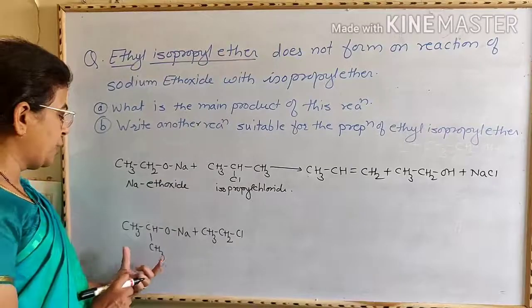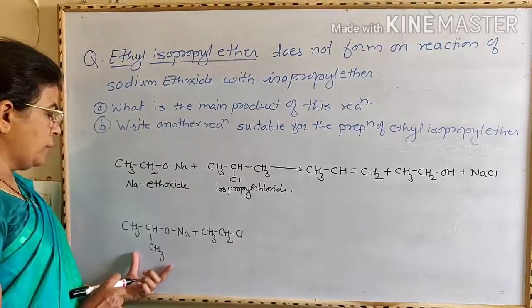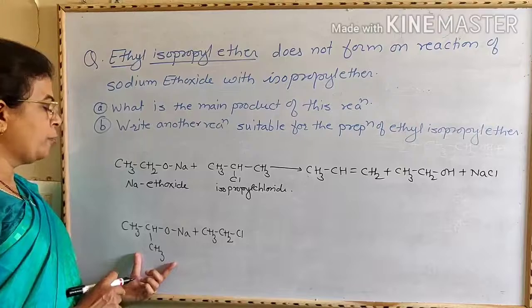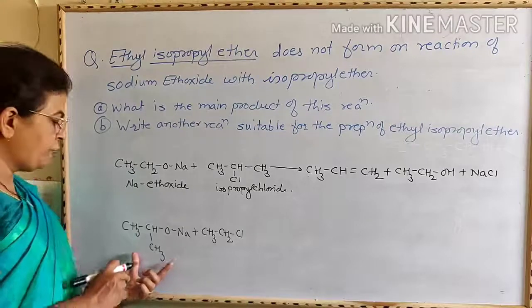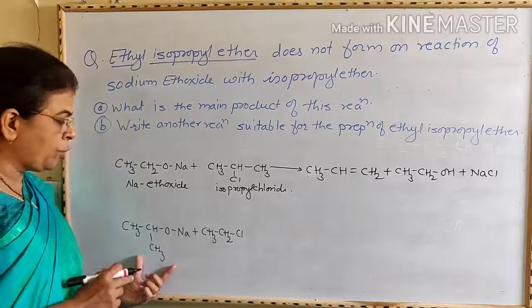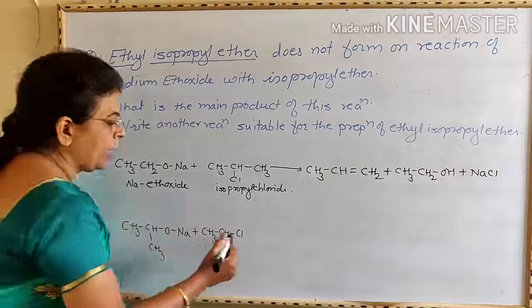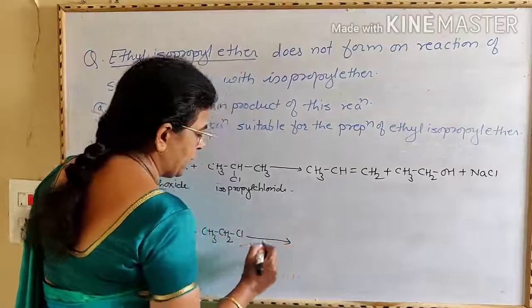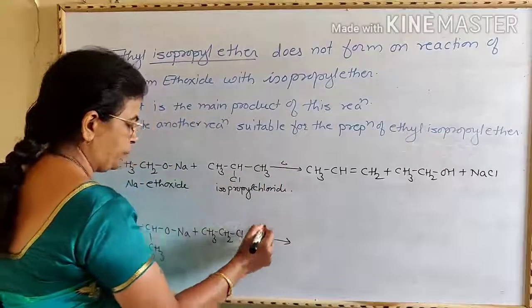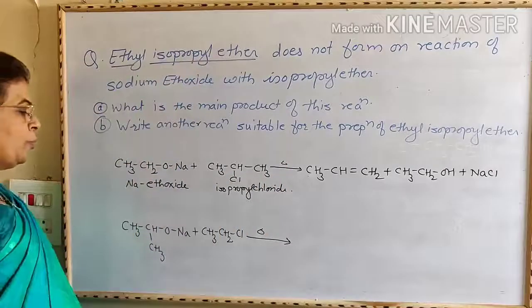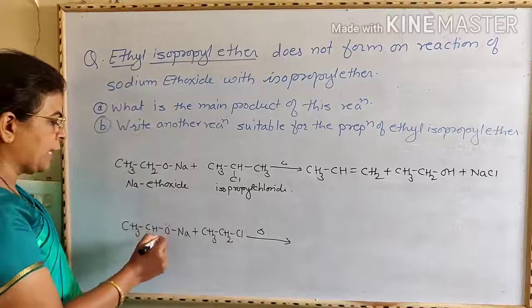Now second question is, write another reaction suitable for the preparation of ethyl isopropyl ether. Now if we take sodium isopropoxide, when it reacts with ethyl chloride, then it undergoes Williamson synthesis to form this ethyl isopropyl ether. Now how is this reaction carried out?